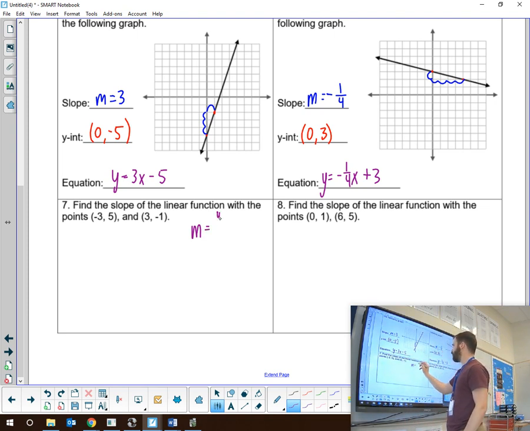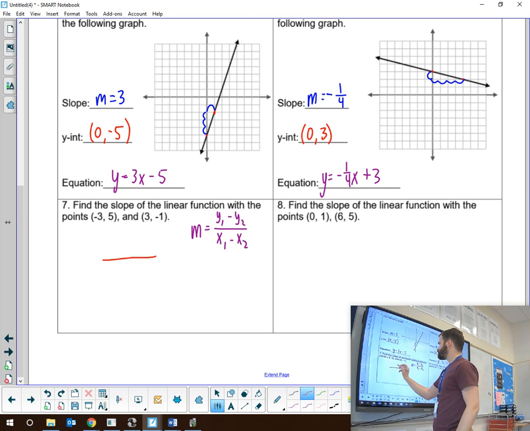In other words, y1 minus y2 over x1 minus x2. So here's my y's, here's my x's, so I can just write this out. I can write my y1, which is 5, minus my y2, which is negative 1, over negative 3.